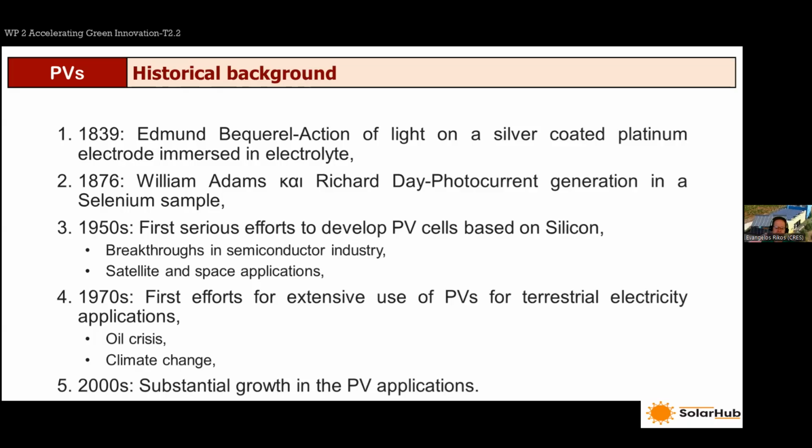And they thought that it would be a good alternative to use photovoltaics instead of fossil fuels in order to produce electricity. And in the millennium we are in now, there is, of course, a very systematic use and growth in the PV applications itself.